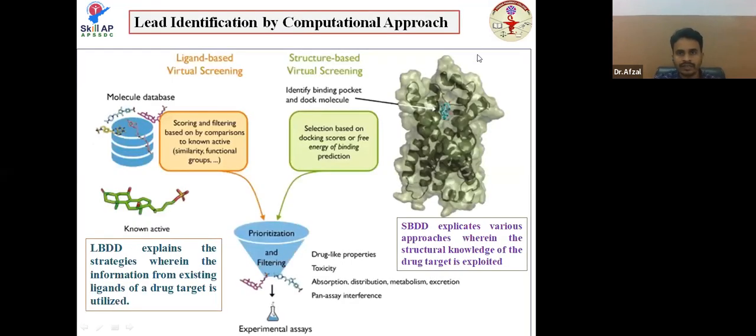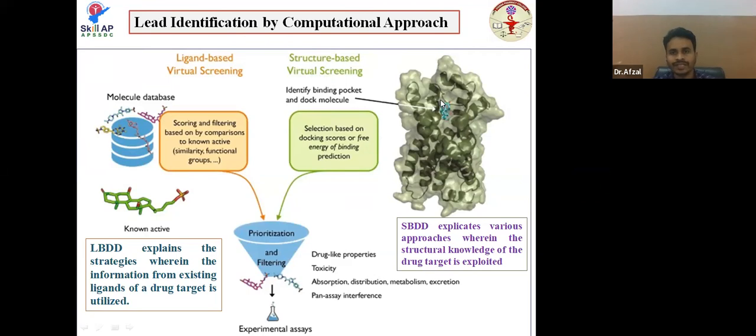So basically, lead identification by computer-aided drug design is done by two methods, that is ligand-based virtual screening and structure-based virtual screening. In structure-based virtual screening, we have the knowledge of the structure of the protein with which the lead molecule can interact.